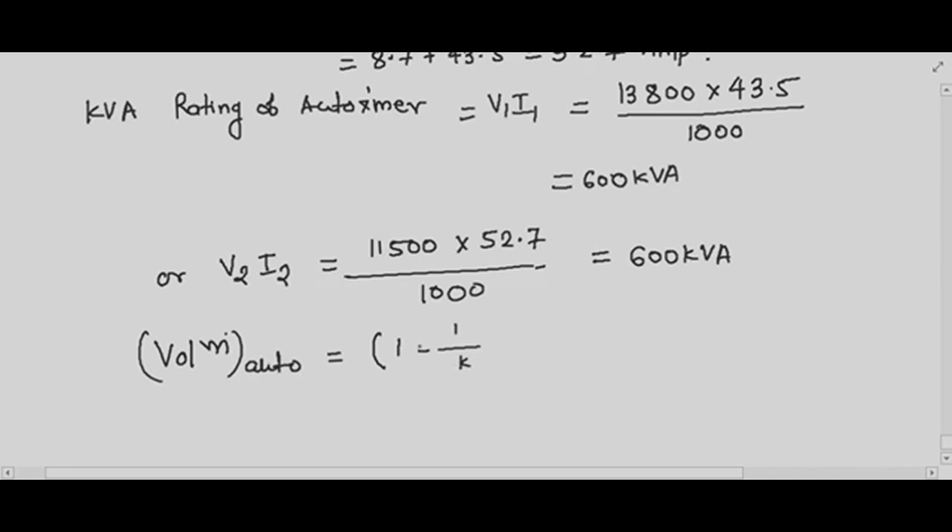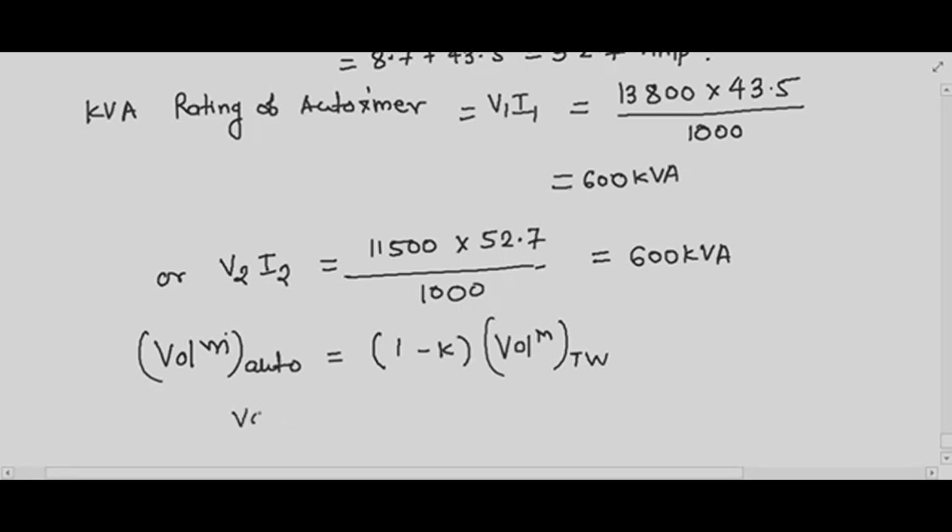Simply I will write down here 1 minus K into the volume of your normal two winding transformer. TW I will write down for two winding.